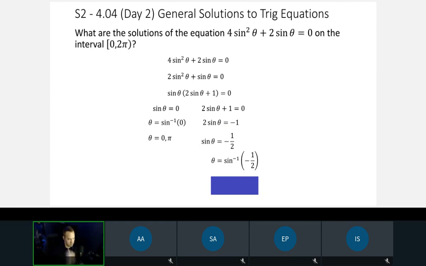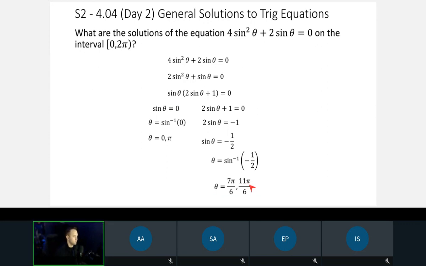So there are the steps leading up to it. And then the question is, what's the angle when the y value is -1/2? You just look at your unit circle and identify the angles where the y value is -1/2. And Antonio listed both of them, and they are correct: 7 pi over 6 and 11 pi over 6.